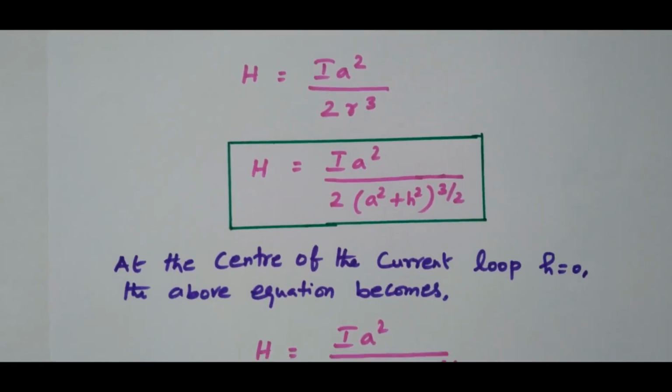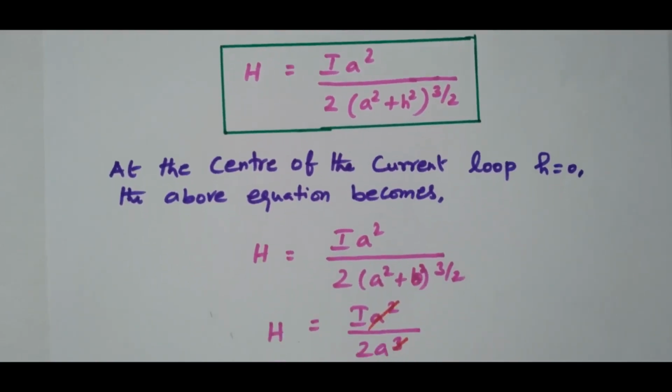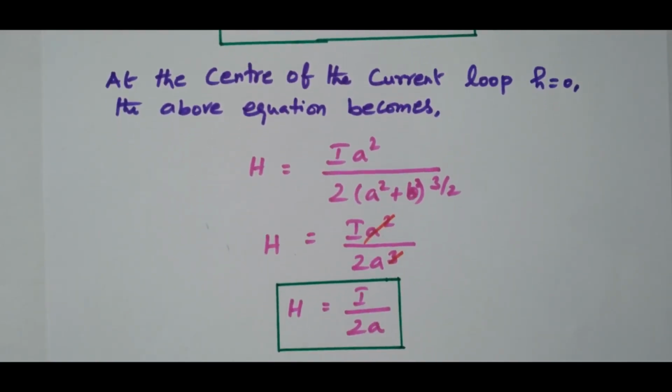Suppose you consider the point P located at the center of the current loop. What is the magnetic field intensity at the center of the current loop? At the center, the height is 0. So H equal to IA square divided by 2 into A square plus H square whole power 3 by 2. This height becomes 0. So what will happen? IA square, and this A square whole power 3 by 2, the 2 got cancelled.